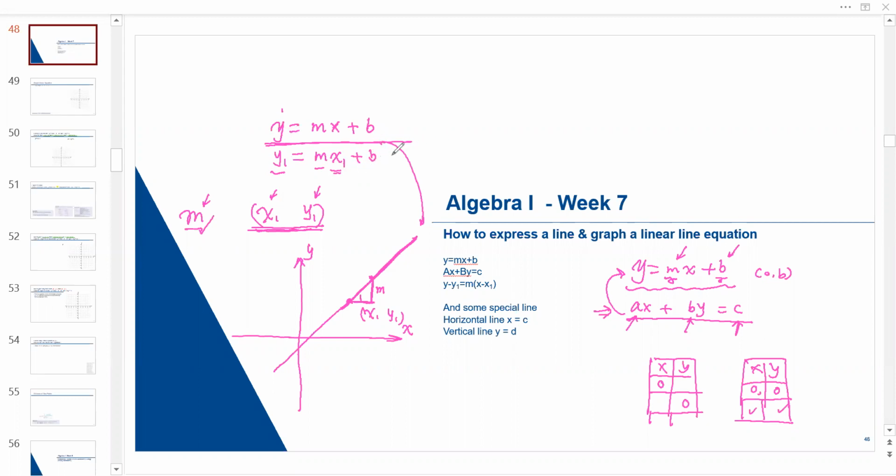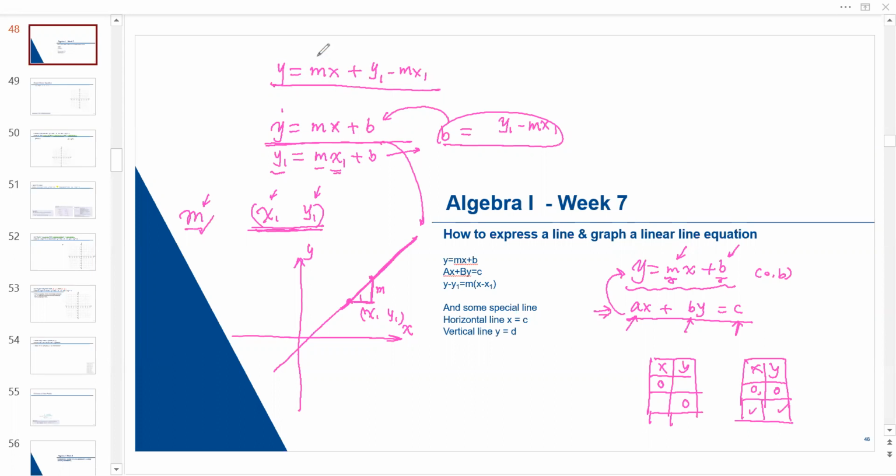So b equals what? b equals y1 minus mx1, right? So we replace b with this one. So y equals mx plus b. b is what? y1 minus mx1. Right? So you can get this one.